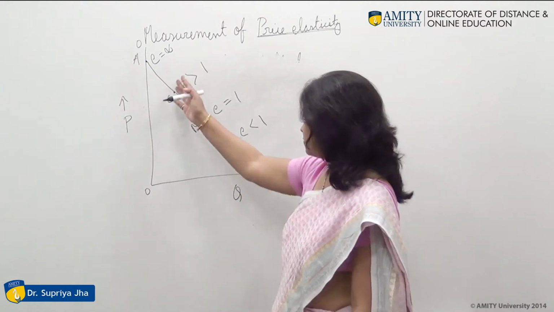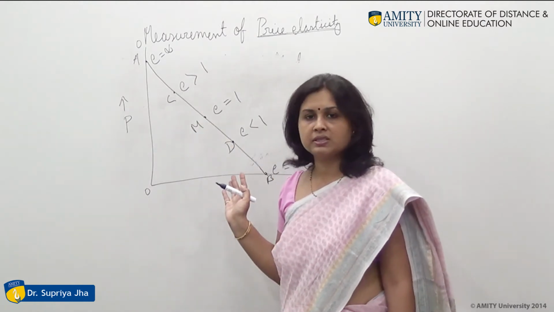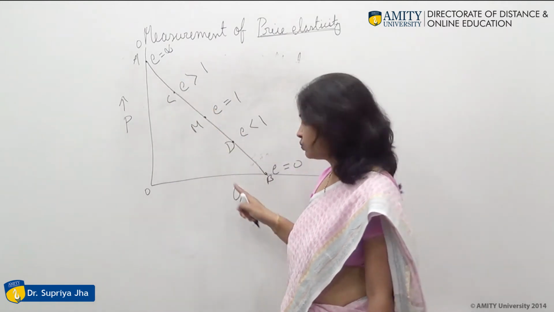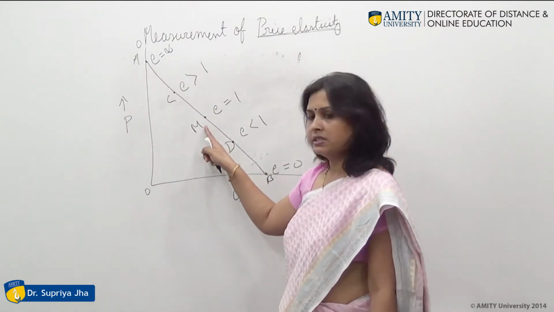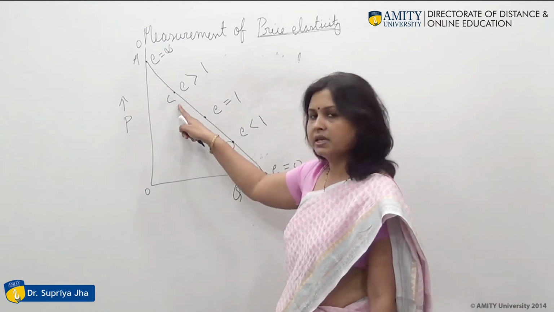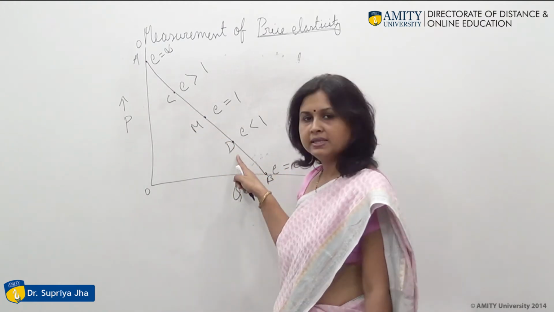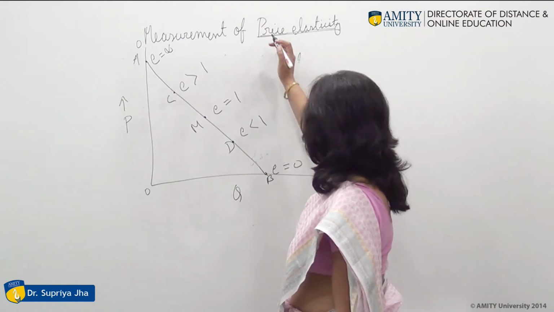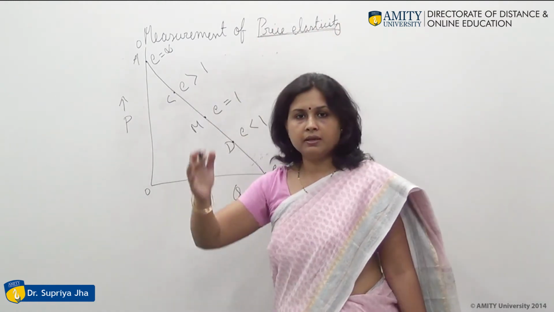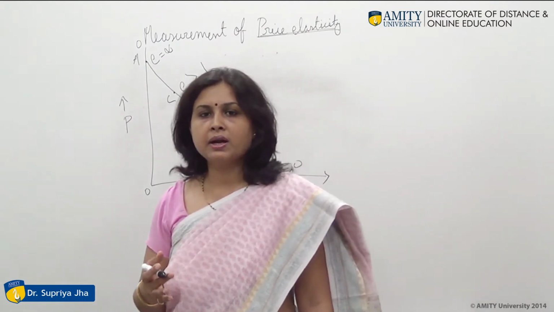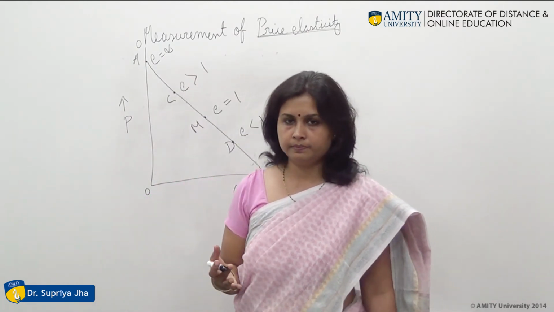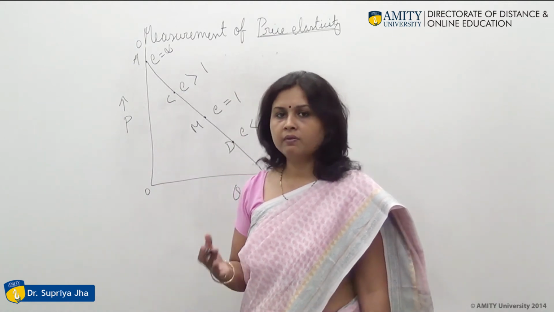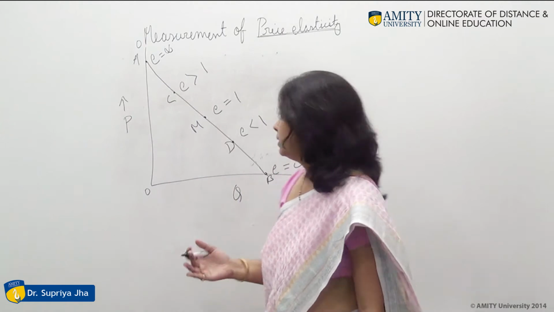Now, how has this been calculated? There are 5 types of elasticity of demand. At this point E is infinite, at this point E is 0, here E is equal to unitary, here E is greater than 1, and here E is less than 1. The formula I have already discussed: price elasticity of demand according to geometric method, EP is equal to lower segment of demand curve divided by upper segment of demand curve.